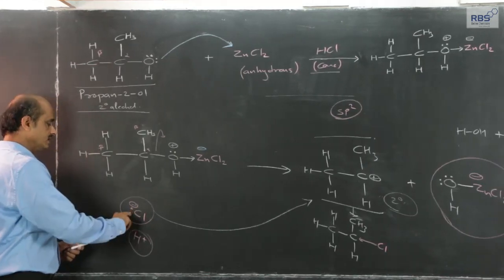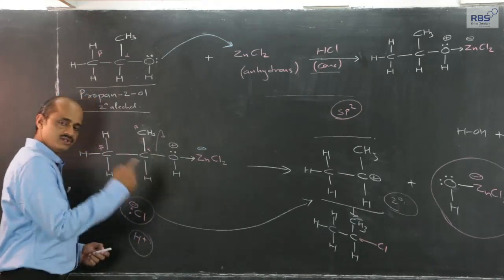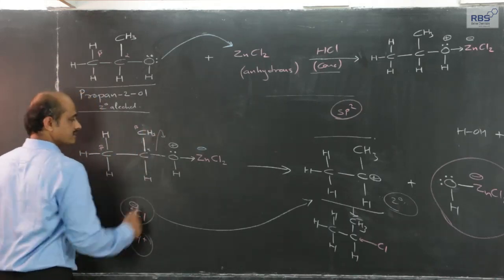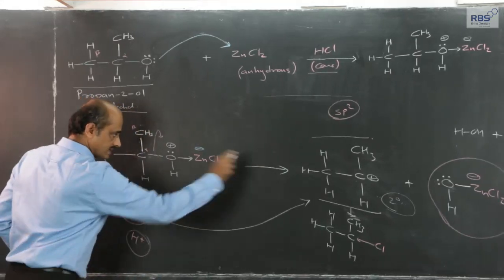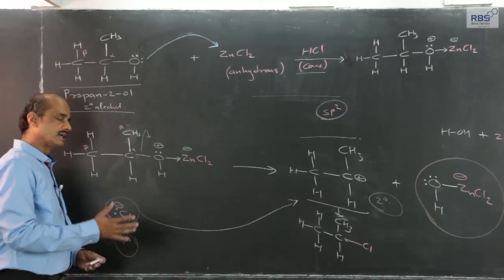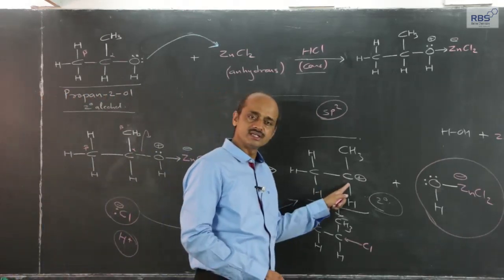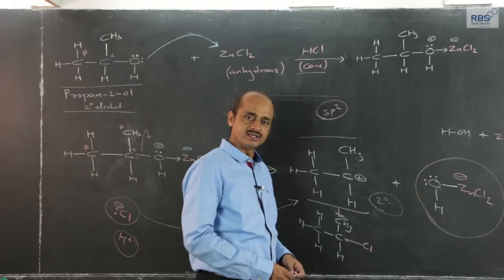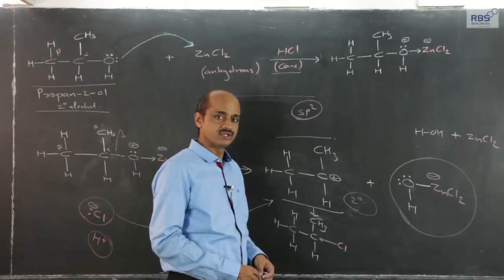Earlier it was simultaneous attack of Cl minus and heterolysis. Here, first heterolysis gives rise to the carbonium ion, then the attack of Cl minus ions. This difference should be noted, and the explanation for it is based on the stability of the carbonium ion, which we had explained earlier on the basis of the hyperconjugation effect.